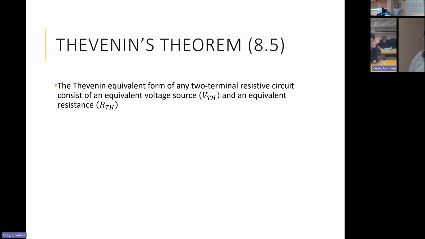We're going to spend some more time on this theorem here. Most textbooks will do this theorem first, so spend an extra little bit of time on it. And then when we get to Norton's, we'll talk about how they're different.